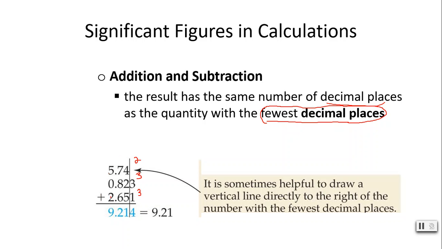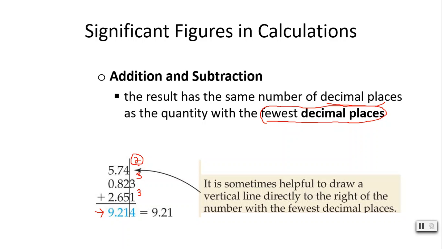So if you were to add these three numbers in your calculator, what comes out is 9.214. But when reporting that final answer, we need to remember that our answer, our result, has to have the same number of decimal places as the quantity with the fewest decimal places. Both 0.823 and 2.651 have three sig figs after the decimal, but 5.74 has two.